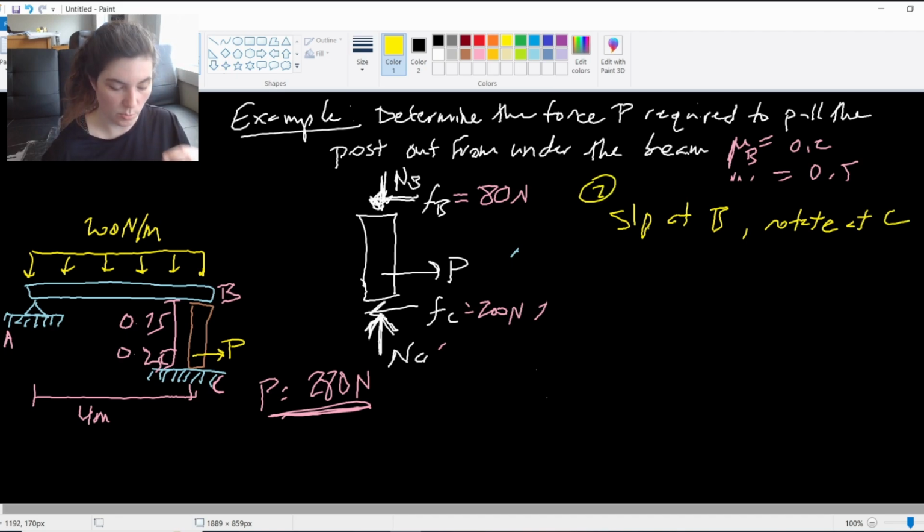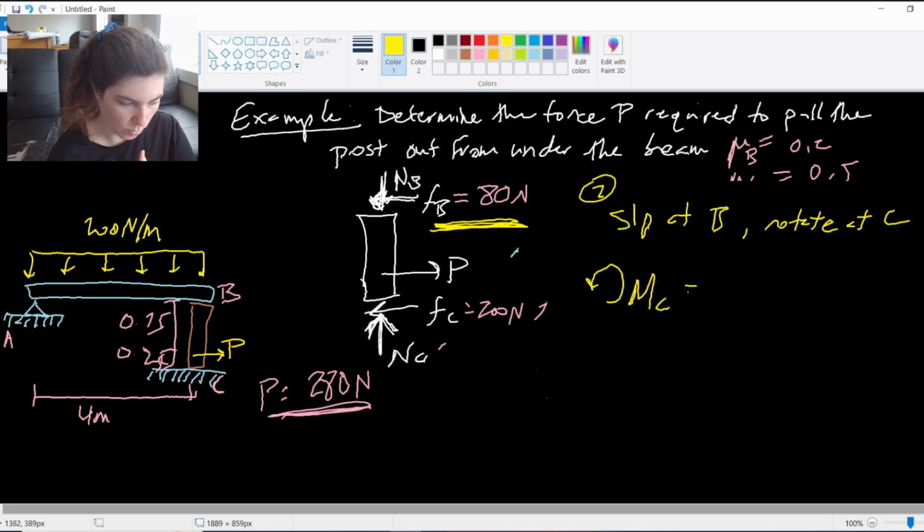So if we're slipping at B, it means that we're meeting this FB equals 80 newton condition that we found before. But now we're rotating at C, so what that means is we'll want to take a moment about point C. Take a moment about point C and see what P value that gives us.